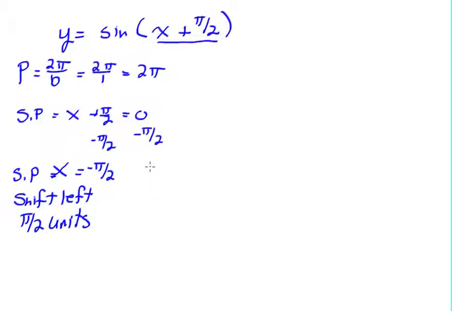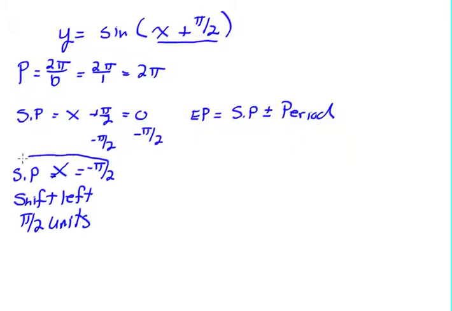The endpoints are easy to find. Let me put that up top here to parallel everything else. Our endpoint is equal to our starting point plus or minus the period. So we're going to do this calculation twice. First time we're going to add the period, and then the second time we're going to subtract the period.